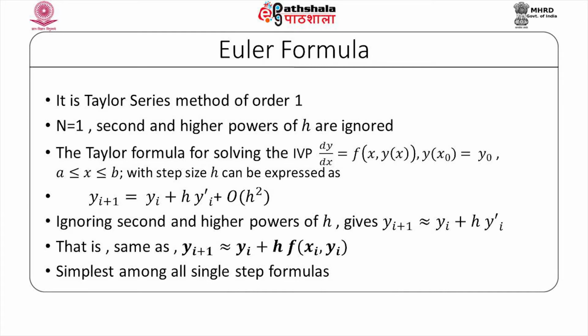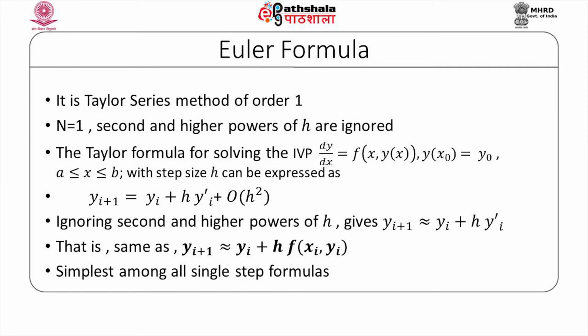Let us take the simplest case, which is known as the Euler formula. It is also called Taylor's formula, or Taylor's method of order 1. Basically, in this method we keep only terms up to the power of h and ignore the second and higher degree terms. So, our n is 1. In the previous Taylor series, the terms from h squared by 2 factorial onwards are ignored.